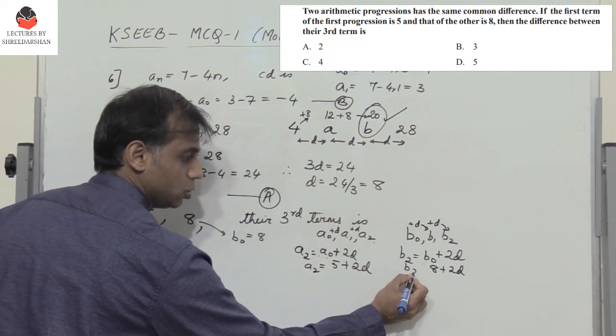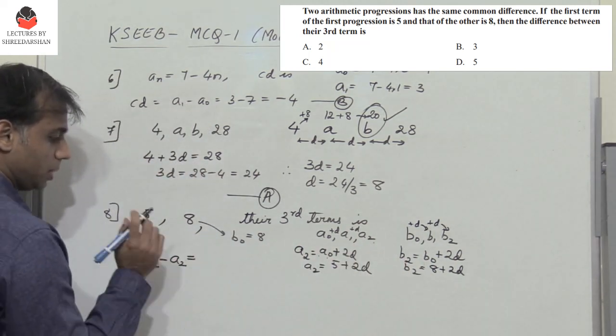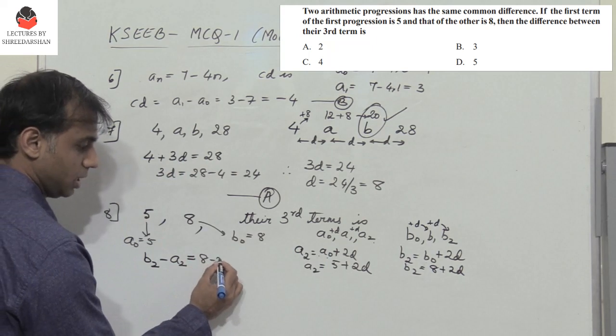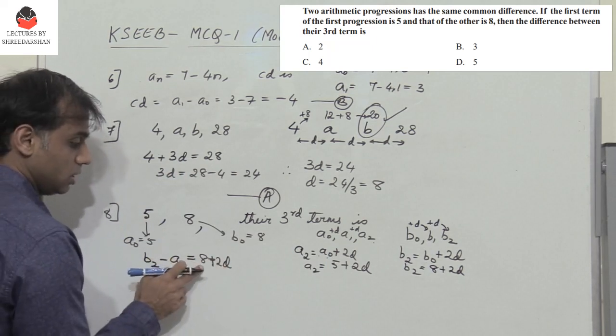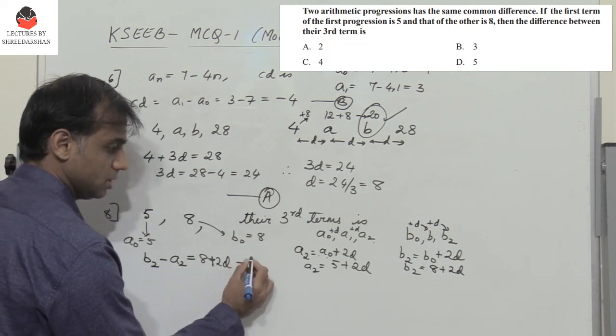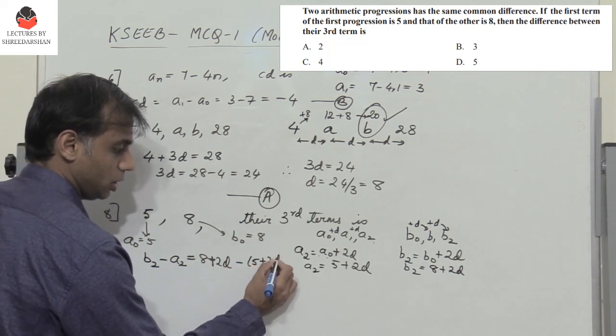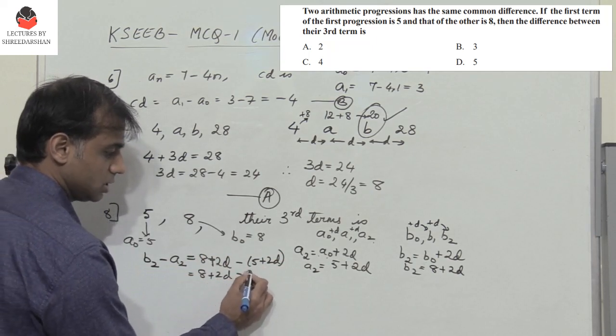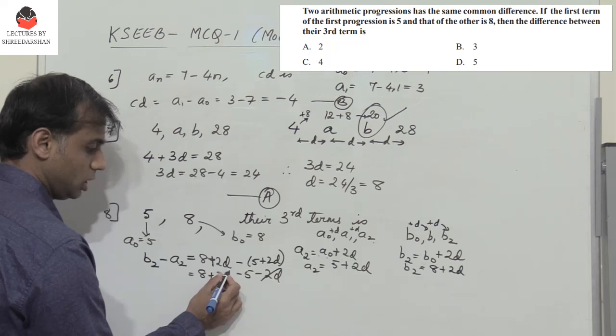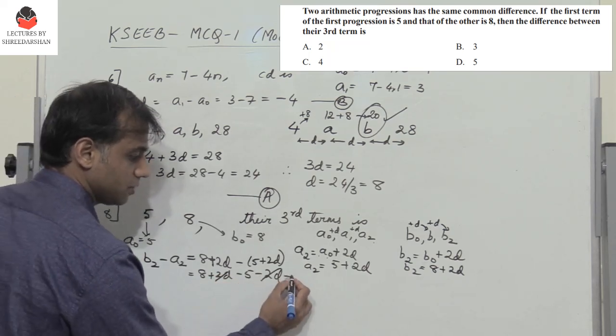So b2 minus a2 is 8 plus 2d minus (5 plus 2d). So that gives me 8 plus 2d minus 5 minus 2d. 2d gets cancelled. 8 minus 5 is 3.